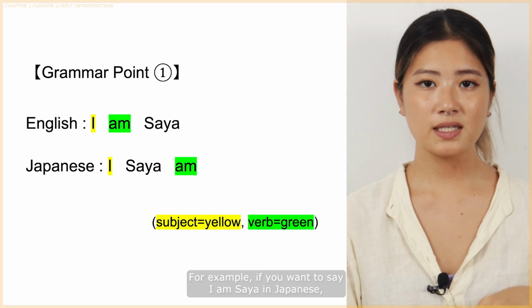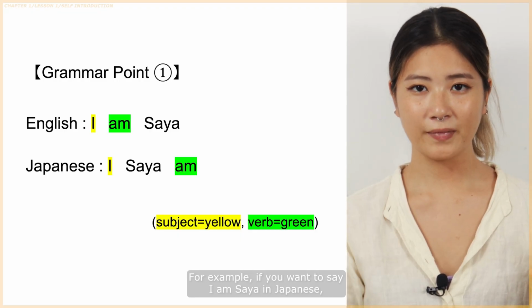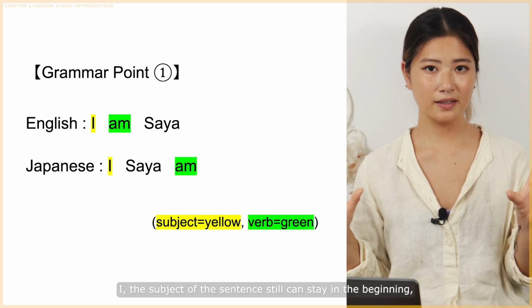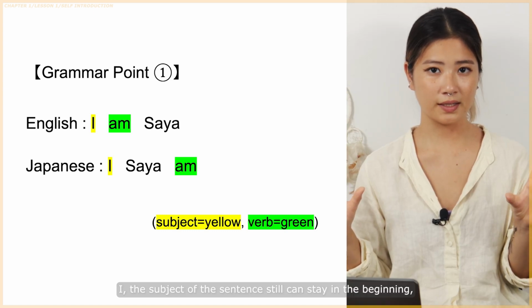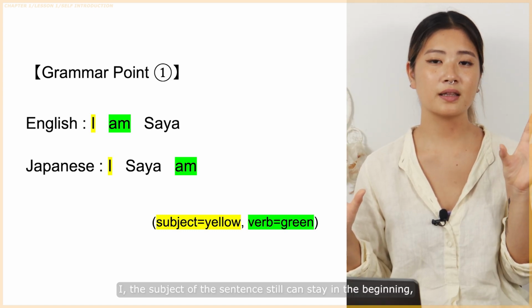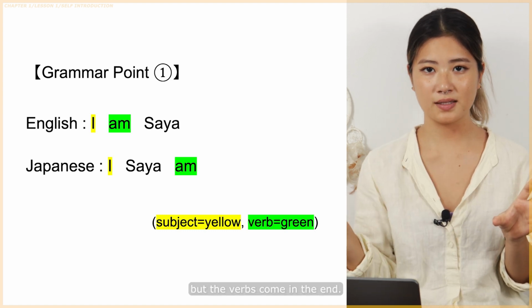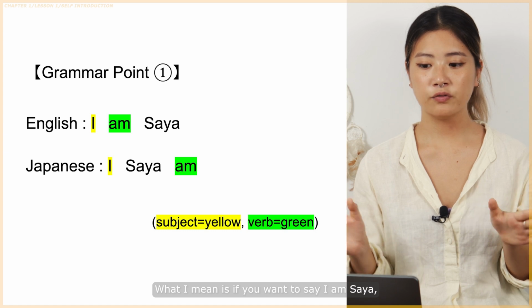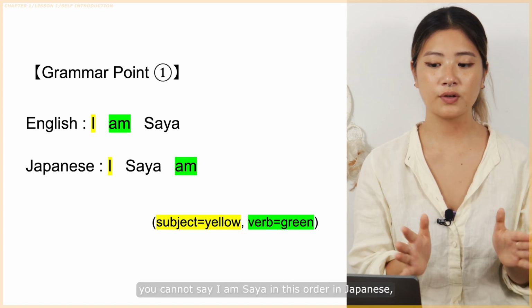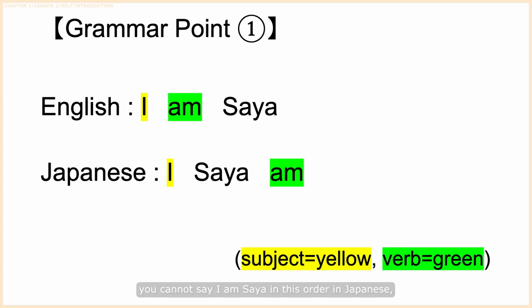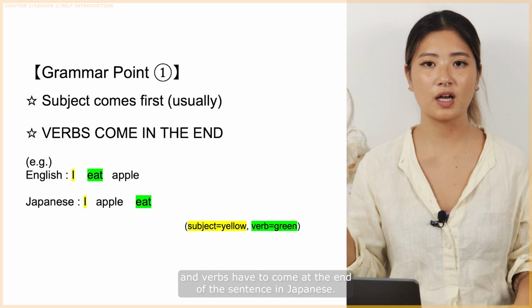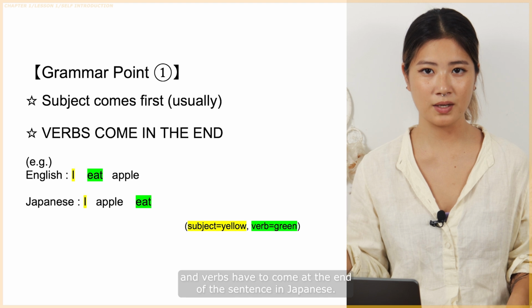For example, if you wanna say "I am Saya," in Japanese, the subject of the sentence, "I," can still stay in the beginning, but the verb comes in the end. What I mean is, you cannot say "I am Saya" in this order in Japanese, but you have to say "I, Saya, am," because "am" is the verb, and the verb has to come in the end of the sentence in Japanese.